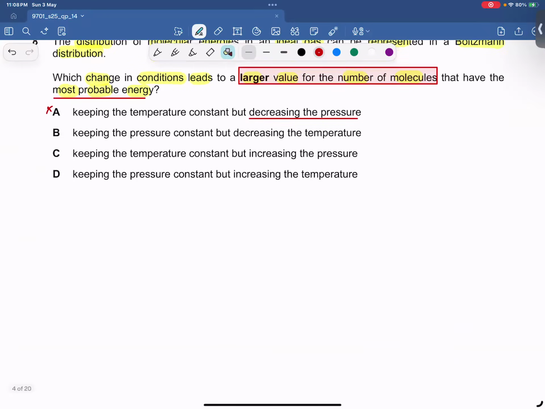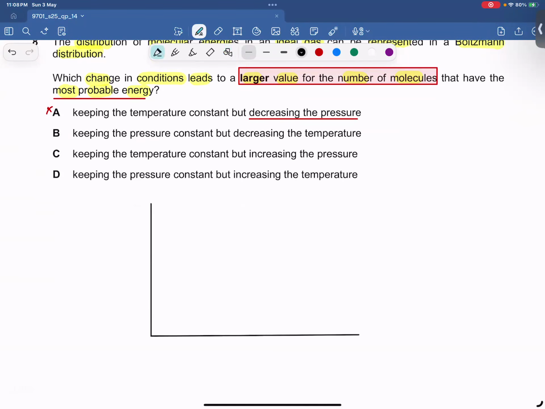Well, when you increase the temperature, okay, let me show you the graph which we have discussed in class, okay? This is number of molecules. This is kinetic energy or just energy. So that's the normal distribution curve. Okay.